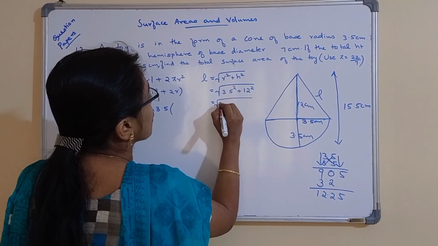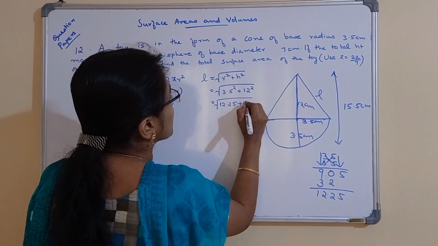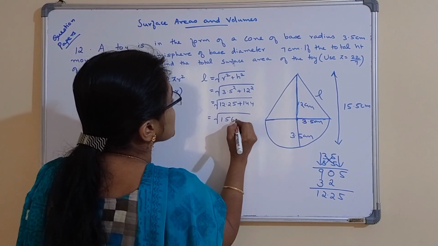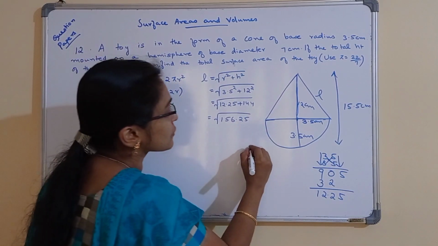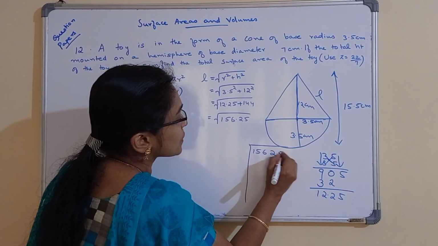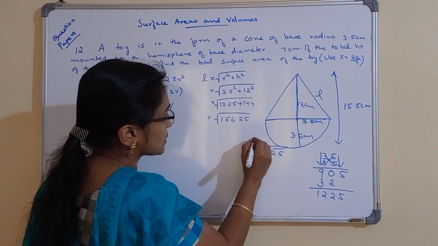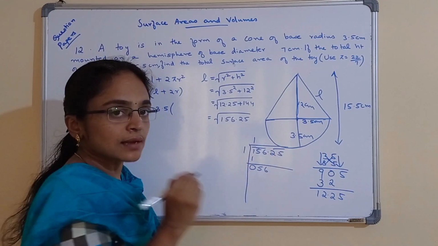So this is root of 12.25 plus 12 square, which is 144. So this is equal to root of 156.25. Now what is root of 156.25? We can find: 1, then remainder is 0, then bring this 56 down.